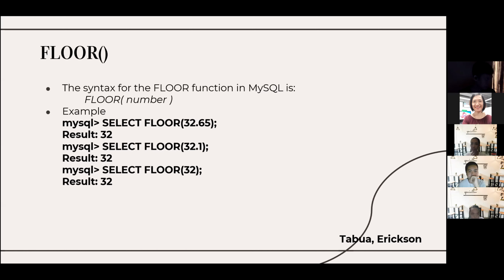FLOOR function. The FLOOR function returns the largest integer value that is less than or equal to a number. The example is MySQL SELECT FLOOR(32.65), with a result of 32.